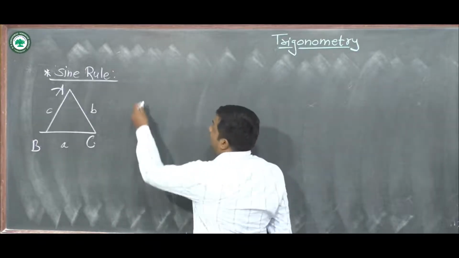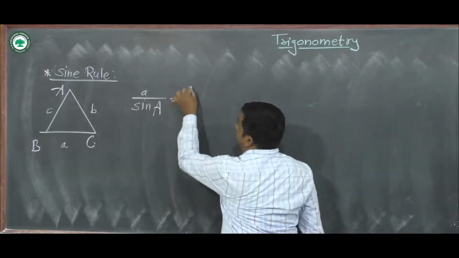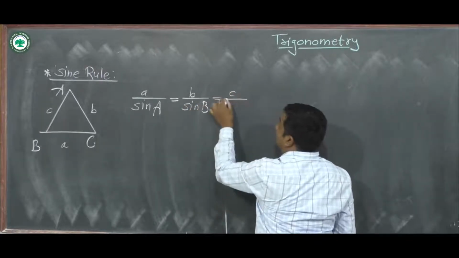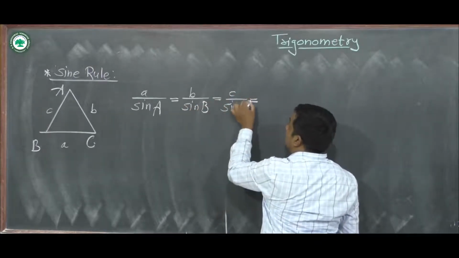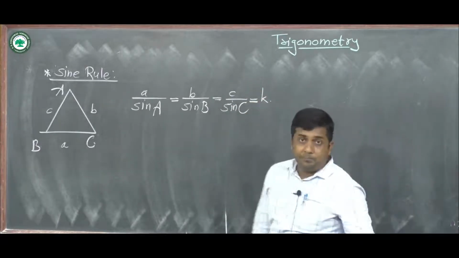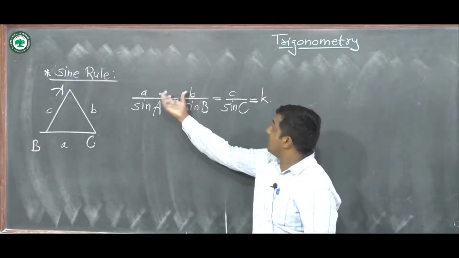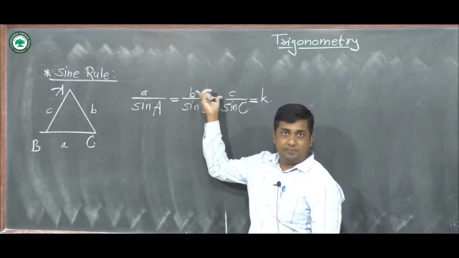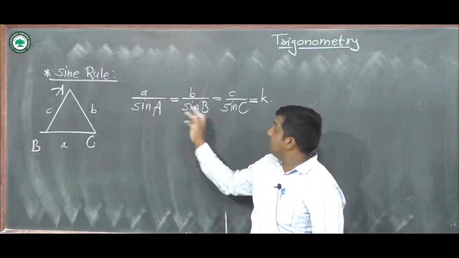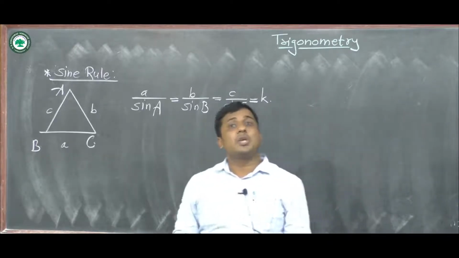That is, here we get relation a upon sine A is equal to b upon sine B equal to c upon sine C, and is equal to constant k, and this is our sine rule. Remember this rule also. So here sides a, b, c are proportional to the sines of the angles sine A, sine B, sine C, and we consider this relation for sine rule.